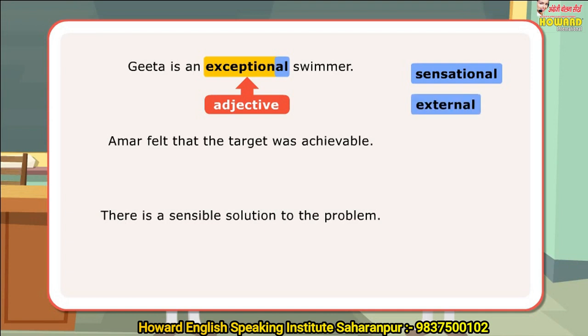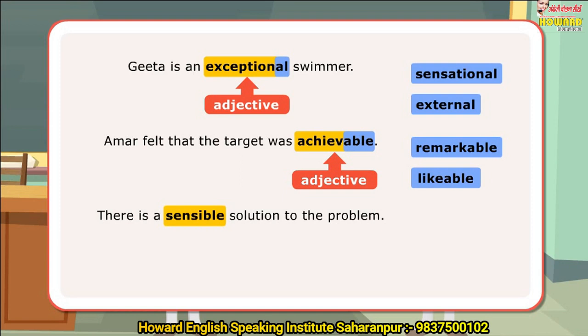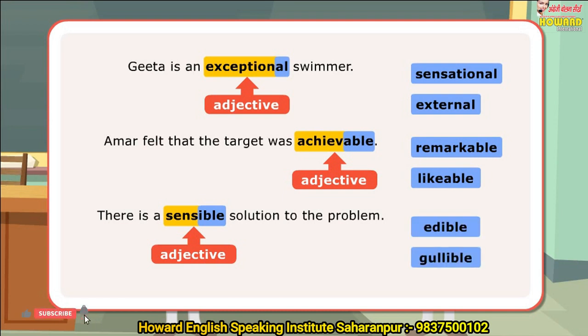In the next sentence, achievable belongs to the group of adjectives ending with able like remarkable, likable. In the third sentence, sensible belongs to the group of adjectives ending with ible like edible, gullible.